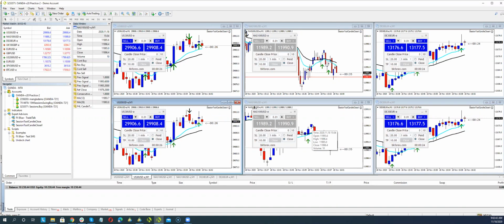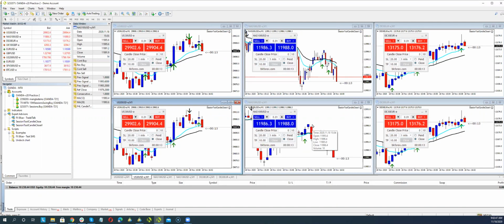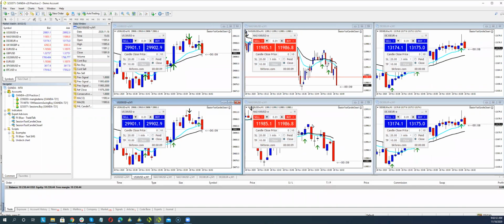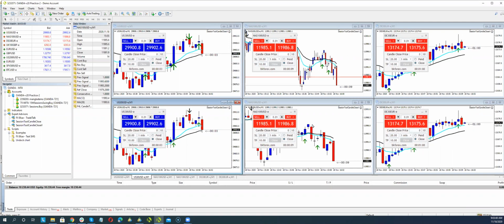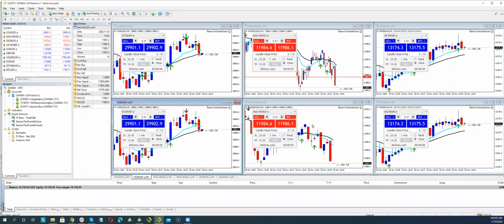A counterintuitive idea for how to handle risk, right? Take the larger account and trade that with the most appropriate risk. So just let me give you an idea.